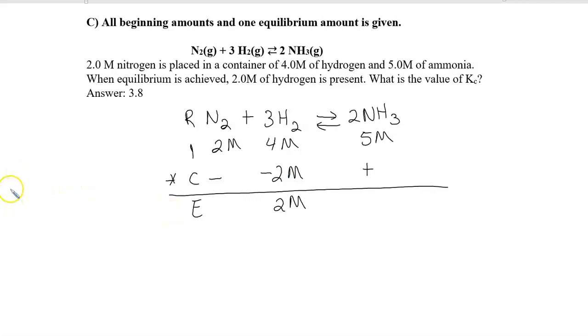So I'm going to go set this up, and you don't necessarily need to do this if your brain can see it, and a lot of times your brain can see them. 1 to 2, a 2 to 4, a 1 to 3. Your brain sometimes can see those ratios. Your brain doesn't see as well when it's like a 25 to 19 ratio. And your brain's like, oh my gosh, what in the world am I going to do with that? So I'm going to do a proportion, and I'm going to do for every 2 moles per 1 liter.